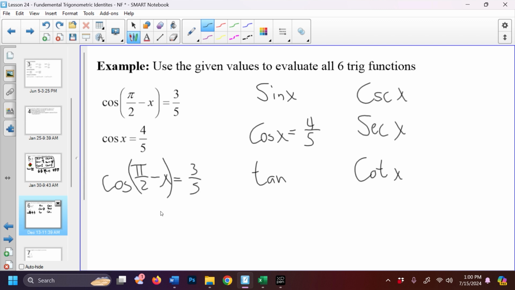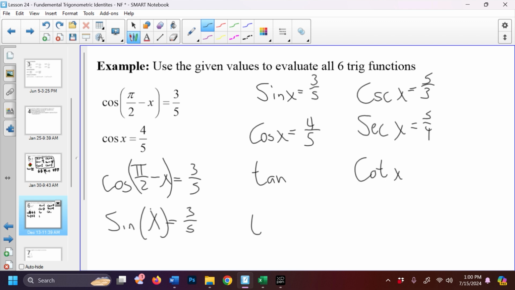That basically tells me that the sine of x is also equal to 3/5. So here I can say that this is 3/5. We can take reciprocals for the cosecant and the secant. That'll give me 5/3 for the cosecant, and it'll give me 5/4 for the secant.